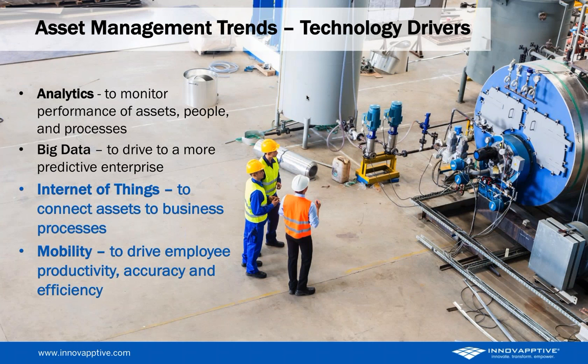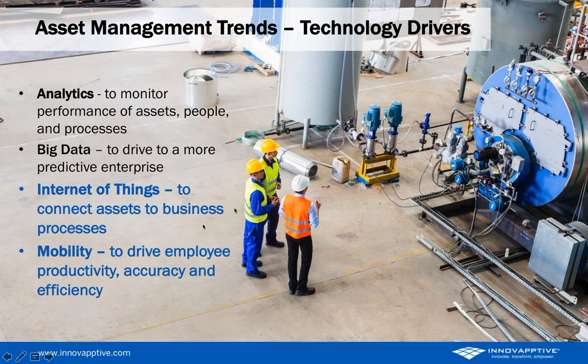So in asset management, data certainly is a big driver. We're using analytics to take a look at historic performance of assets, people, and processes. Big data is giving us the ability to be forward-looking and do more predictive aspects. Internet of Things is driving more connected assets to the business processes, giving us even more information.